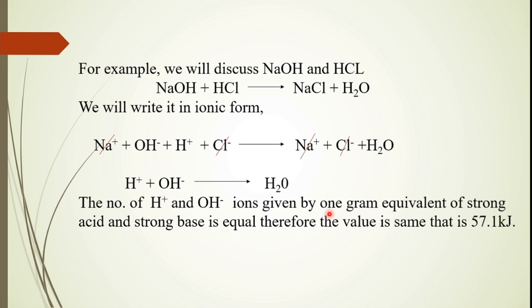So whenever there is a question why the heat of neutralization is equal to 57.1 kilojoule for a strong acid and strong base, you are now able to give the answer: the number of H+ and OH- ions given by 1 gram equivalent of strong acid and strong base is the same. That is why the heat of neutralization for them is constant, equal to 57.1 kilojoule.